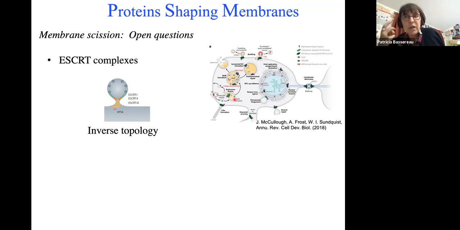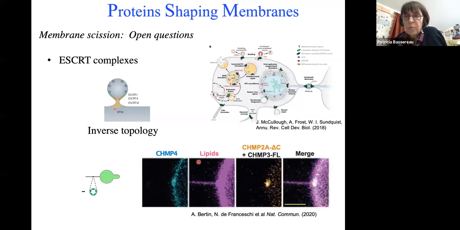This is very different from dynamine, which was assembling at the external part of a bud. Here, the BIV have to assemble inside the neck. This is why they have been so difficult to study in past years. We have also contributed to the process. We have recently been able to encapsulate this BIV protein inside a giant liposome.